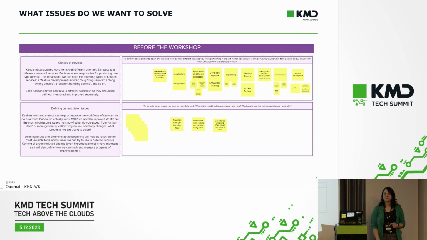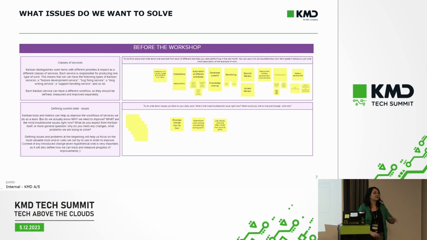I prepared some workshops for the team for the beginning to establish if we actually really need this Kanban approach and what we expect from it. So before the workshop, I asked the team to write down all activities they are performing or tasks they have, real life examples. They could even put some links to our system.